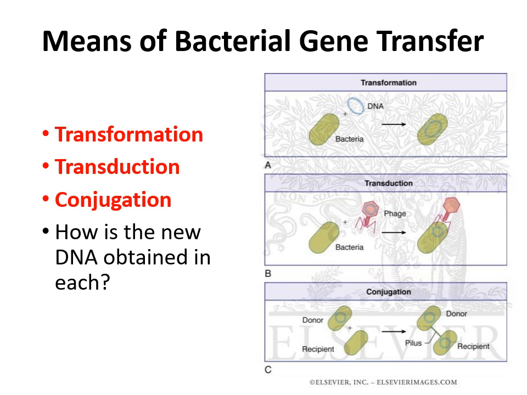You have to know the difference between each of them. The first one is transformation. And in transformation, the way we define that is the uptake of naked DNA by bacteria. Basically, you have a bacteria that needs to be made competent, meaning that it's ready to take in DNA.